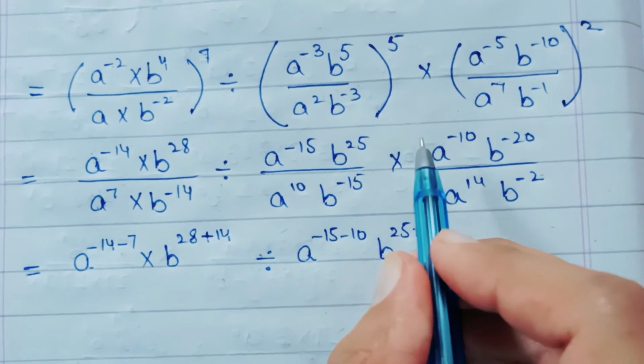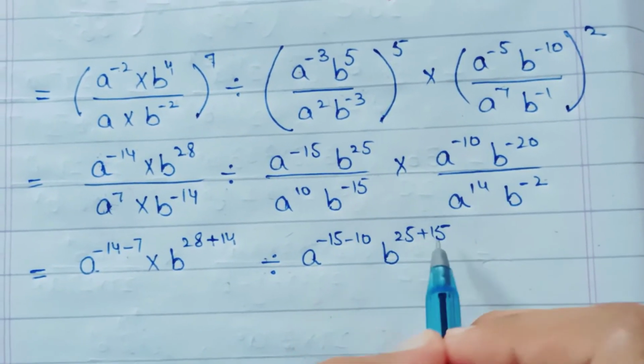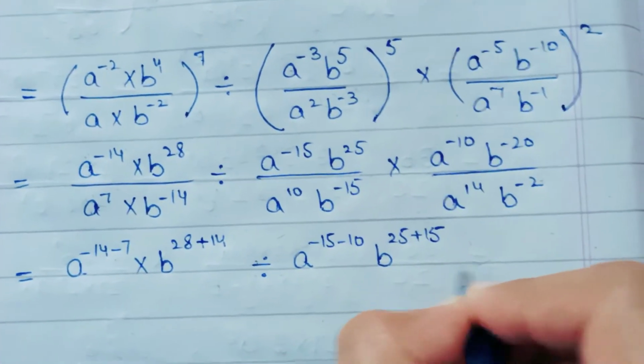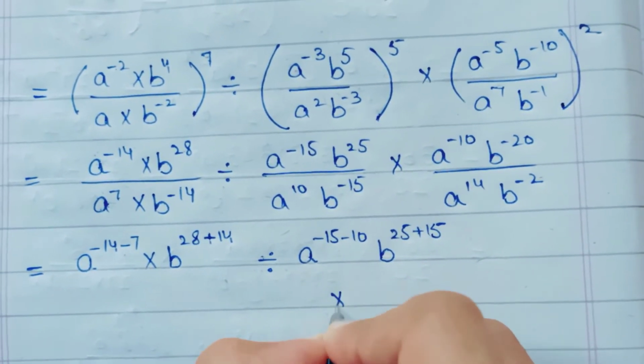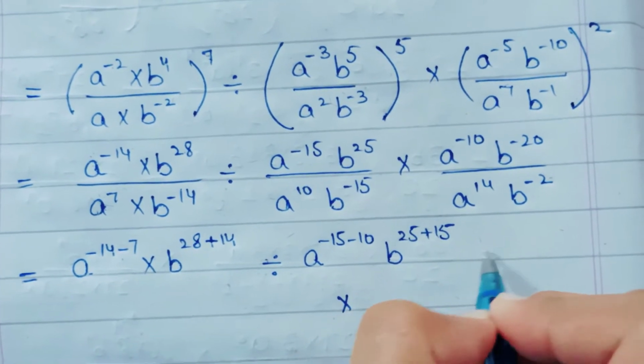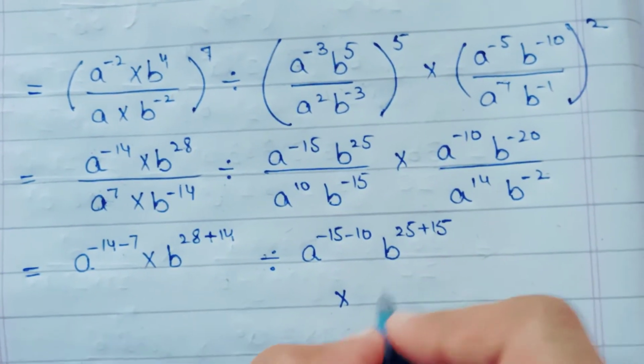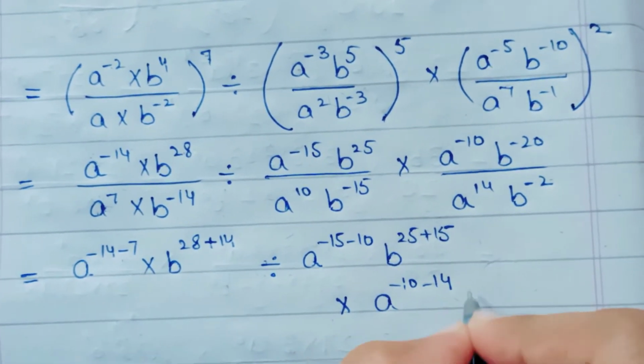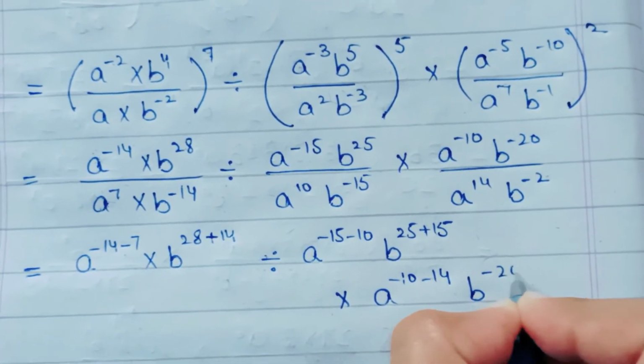When the formula's minus and this one minus will multiply, then it will become plus and multiply. Now this step which had to come here, I am writing it here below: a raised to power minus 10 minus 14 and b raised to power minus 20 plus 2.